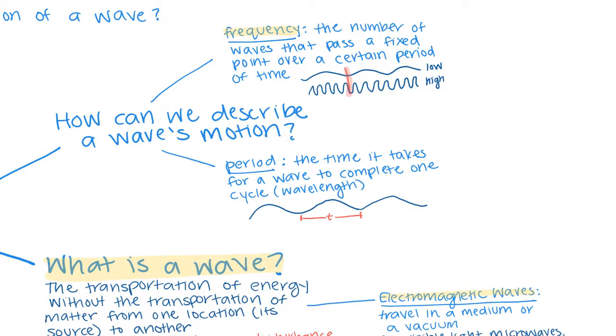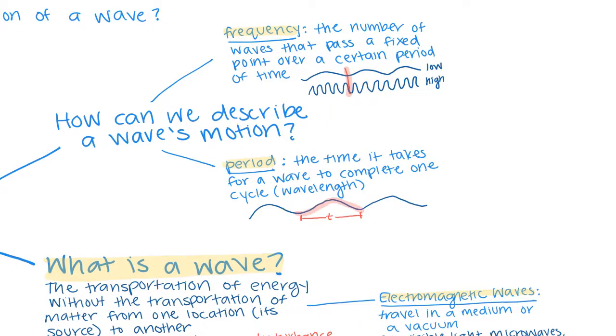So another way we could describe waves is through their period. The period is actually described as the time it takes for a wave to complete one cycle, so one wavelength. So when we think about wavelength, and we'll talk about this in just a moment, we are thinking about when the wave resets.